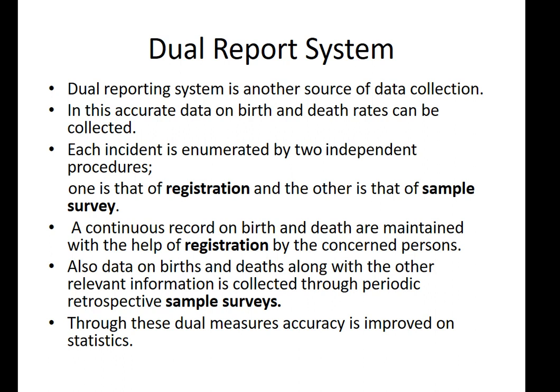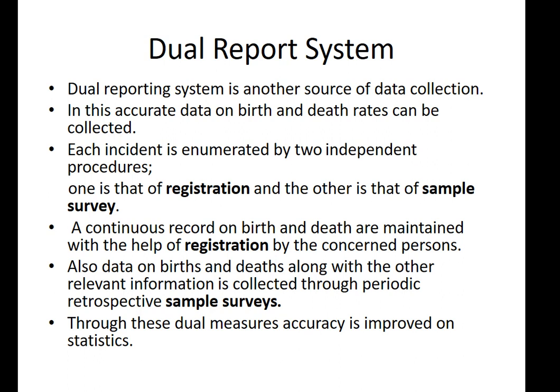A continuous record of births and deaths is maintained with the help of registration by the concerned persons. Also, data on births and deaths along with other relevant information is collected through periodic retrospective sample surveys. Through these dual measures, accuracy of statistics is improved. That is, the data is collected from both ends.